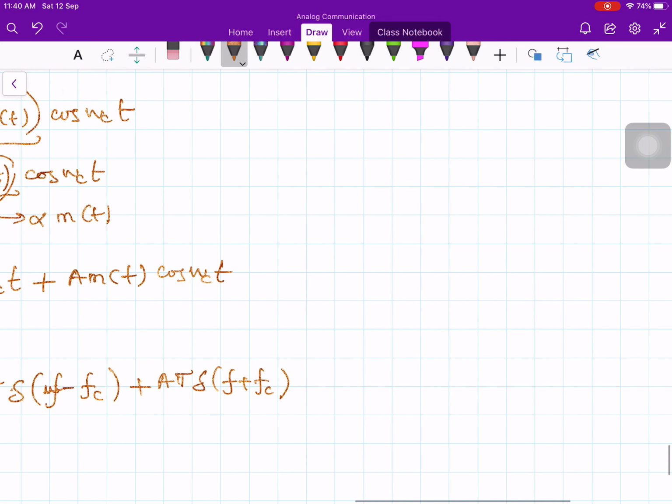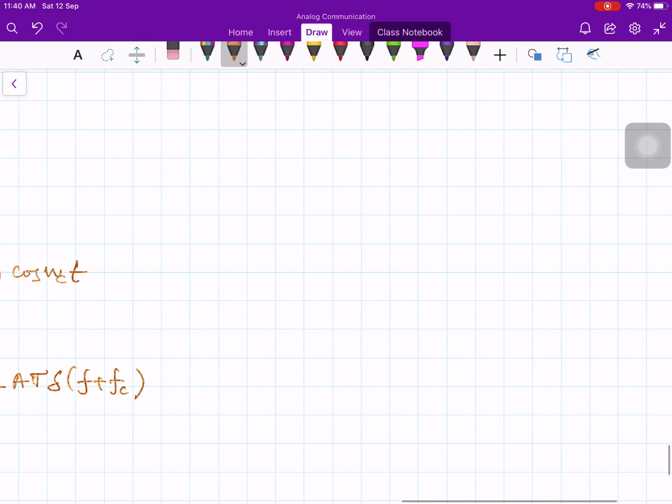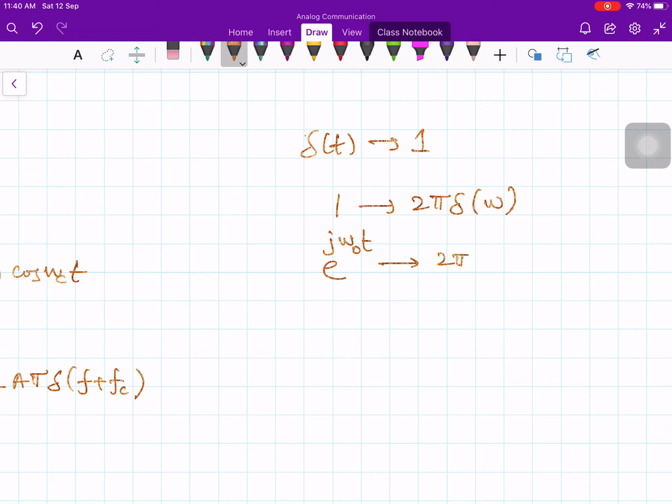Recall your Fourier transform. Delta of t, if you take the Fourier transform, you will get 1. And 1, if you take the Fourier transform, you will get 2 pi delta of omega. And by applying the frequency shifting property, e raised to j omega naught t gives 2 pi delta of omega minus omega naught.